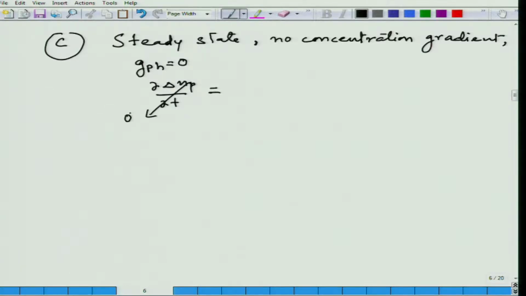So, this is also going to 0, there is no concentration gradient, hence the second term, which is the second derivative, is also going to 0. I am only left with the third term.